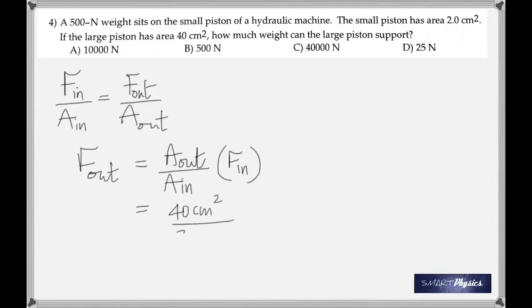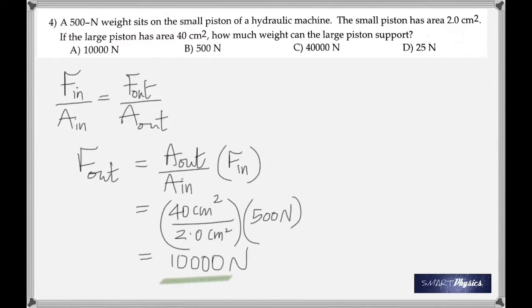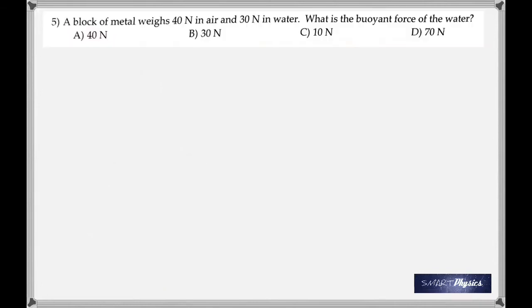Substitute. That's A out. A in is 2 centimeters squared, and the input force is 500 Newton. And that gives 10,000 newtons.